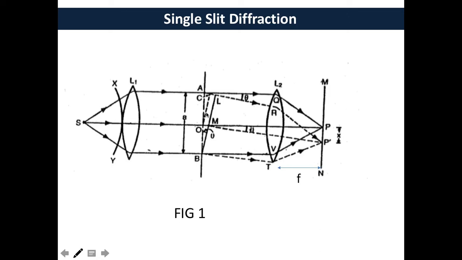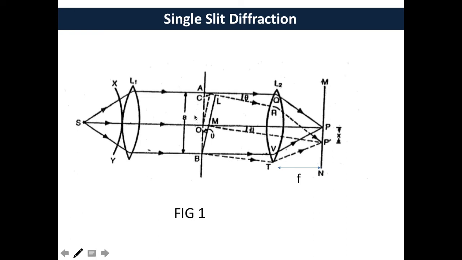If we divide this portion into three parts, why three parts? Because first we considered two point sources, one and two. But if we consider three parts, one, two, three, then the first part is lambda by 2, the second part lambda by 2, the third part lambda by 2.